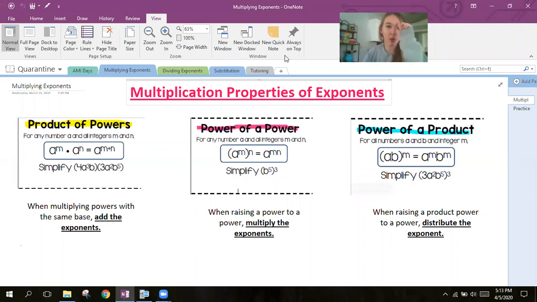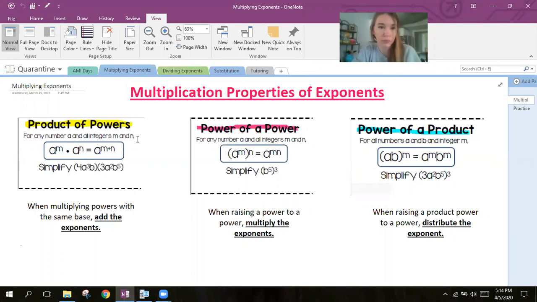All right, so today we're going to be talking about exponent rules. Specifically, we're just going to focus on multiplying exponents in this video. There are three different ways you can multiply exponents. If you want, pause the video and write these notes down beforehand, or you can go with me and pause throughout.